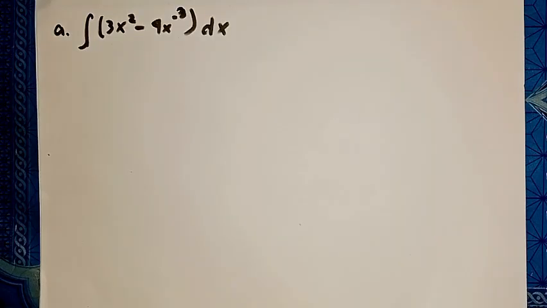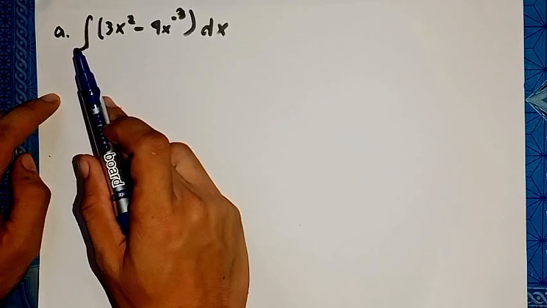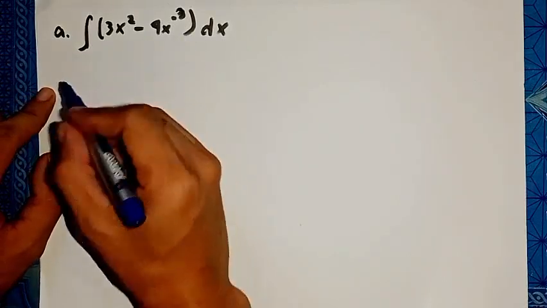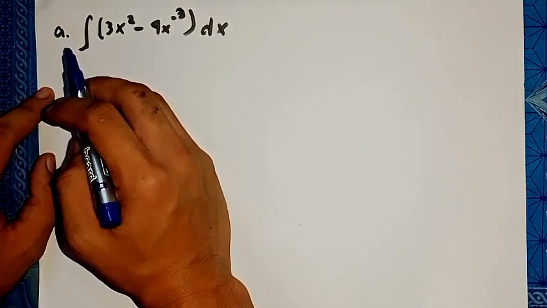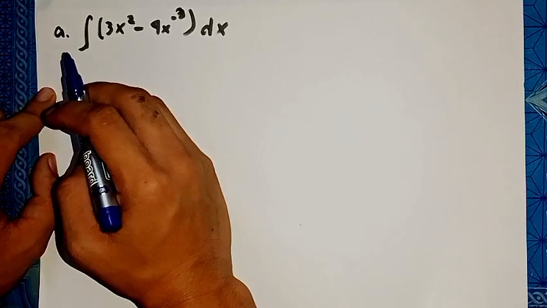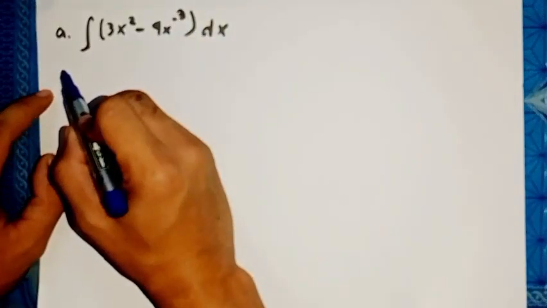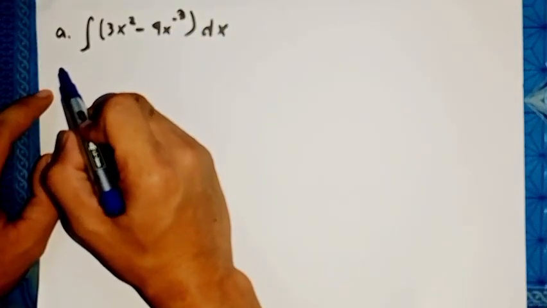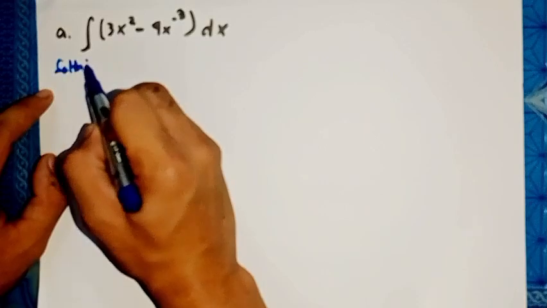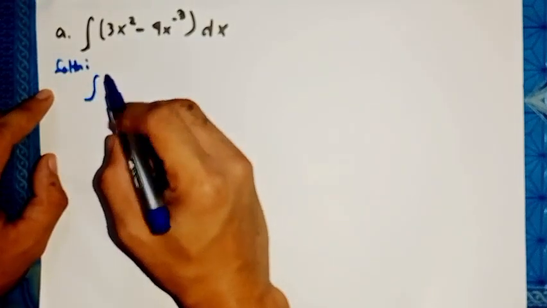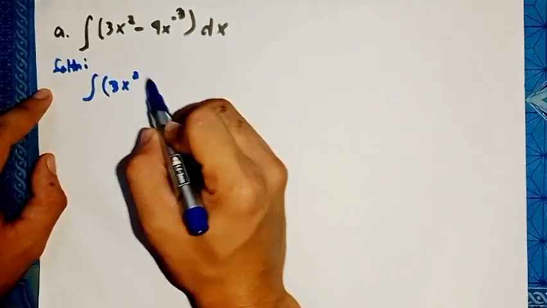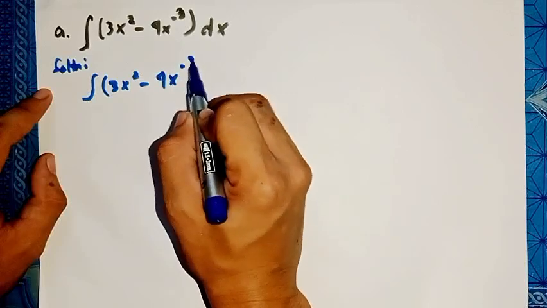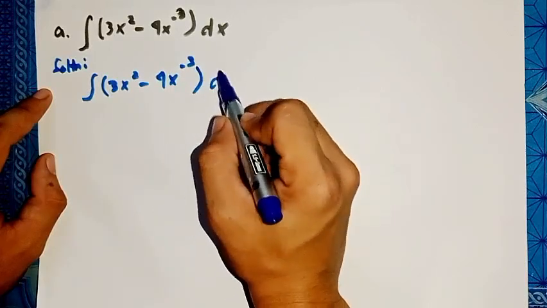Now, let's proceed to item number 11. Evaluate the following indefinite integral. Now, let's try to solve letter A. To solve this, it is important to memorize those formulas. So let's start. Solve the integral of (3x squared minus 4x to the negative 3) dx.